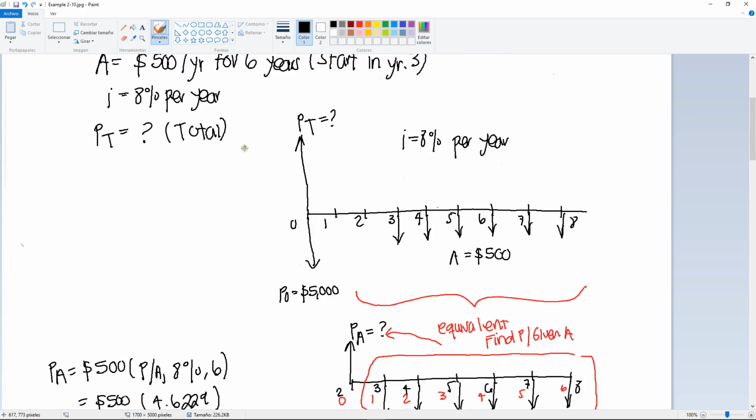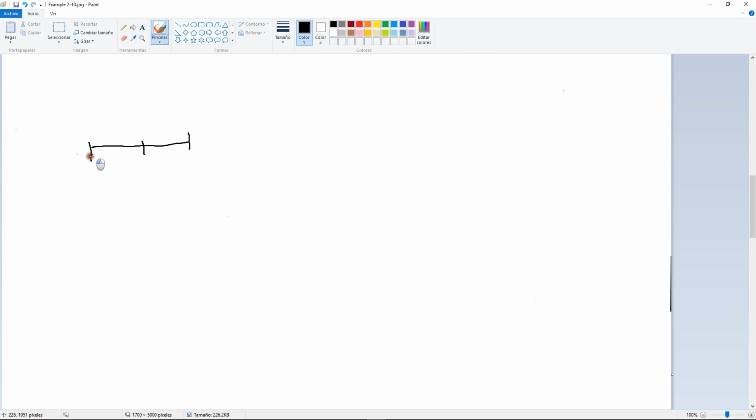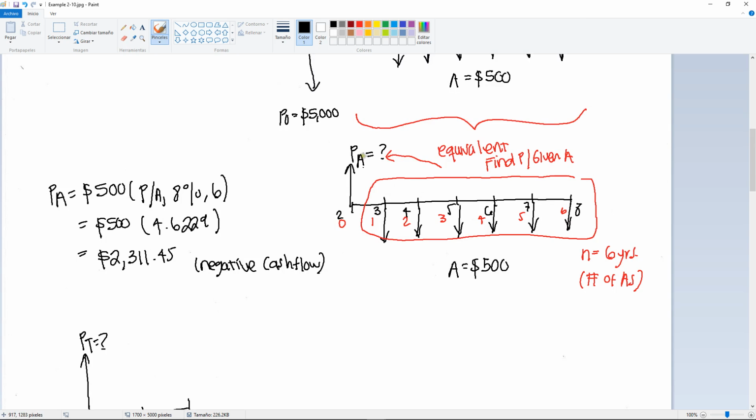In year 0, you copy what you have here. You have your P0 going down. You have your unknown PT here, and this is your 0, 1, and 2. And we said that in year 2, you're going to have your PA, but let's draw it going down.